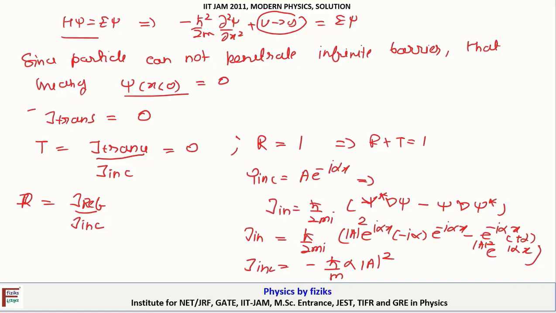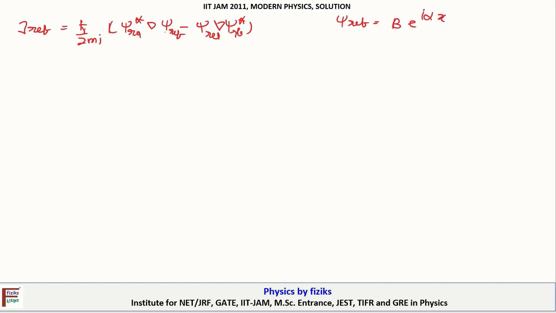Now similarly, J reflected will be h cross by twice m i into psi star del psi minus psi del psi star. For J reflected, psi reflected here would be equal to B e to the power i alpha x.